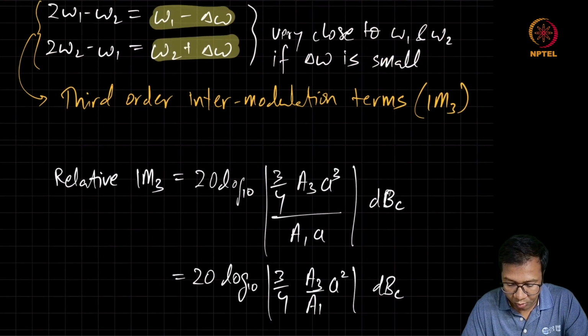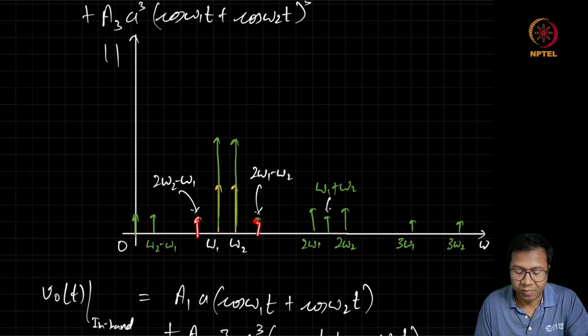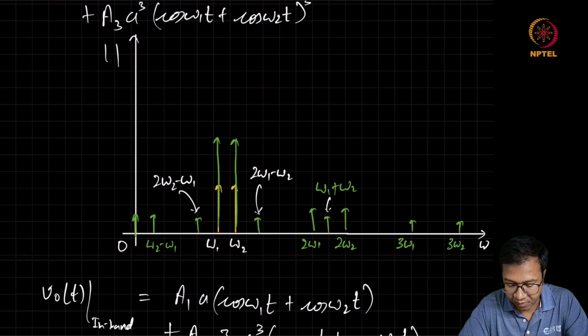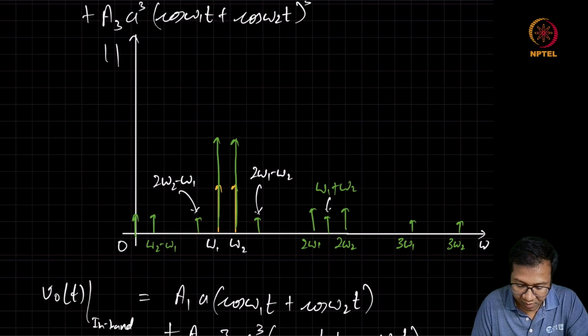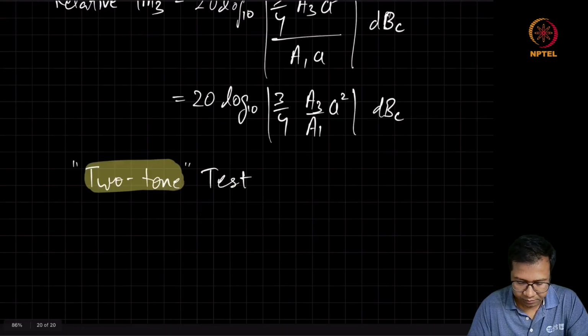And the good thing about the two-tone test is it can give an idea about the nonlinearity present in the system in the form of these intermodulation components, even when the input signal applied is not as strong as needed for doing the 1 dB compression test.